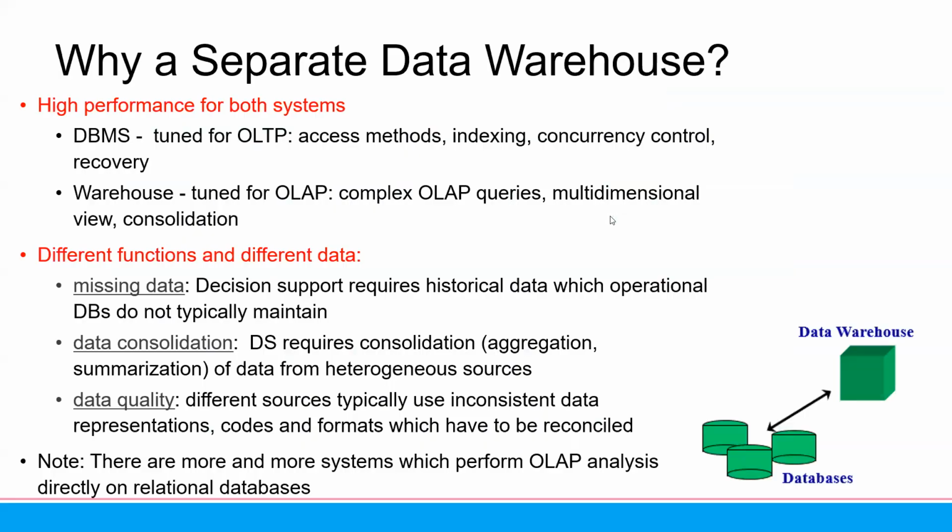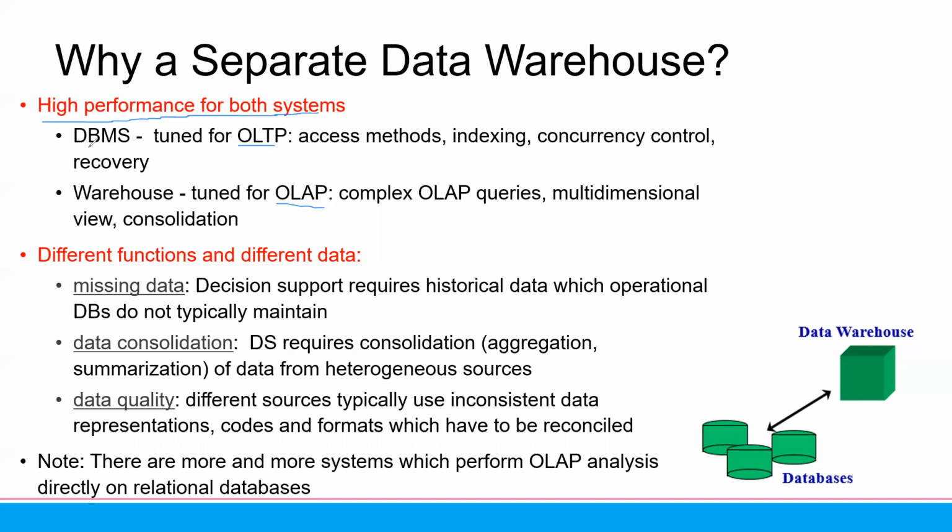So why we need to separate the data warehouse? So there are some issues. Okay, first is about the high performance. If you put the operational database the same with the analytical database, so the OLTP and OLAP, if we put it in the same part, then it will ruin the system.